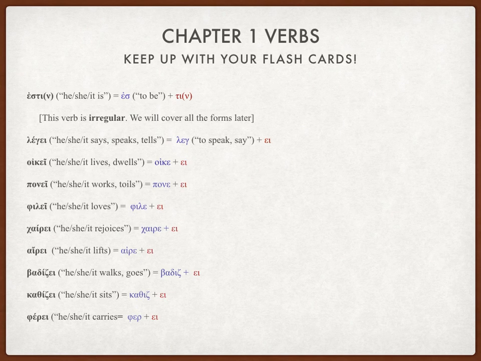We just saw lege, he, she, or it says, speaks, or tells. It starts with the root leg and adds that a at the ending, he, she, or it. Oike means he, she, or it lives or dwells. This is actually the root for the word oikos, which is a house, and it's actually the root of our word economics in English.